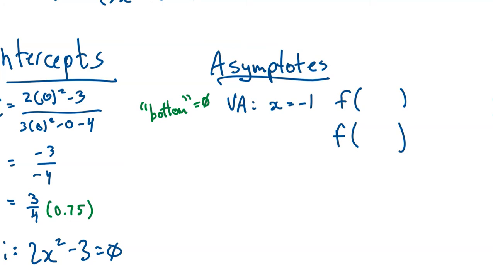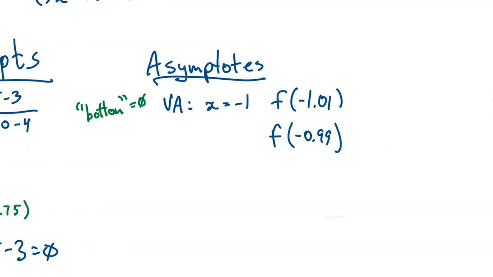So -1.01 would be left, and then -0.99 would be to the right. Good. So again, I'm going to do them in order, but you don't have to. It's up to you. I'll point out when we get there why doing them in order is helpful, but it's not necessary.